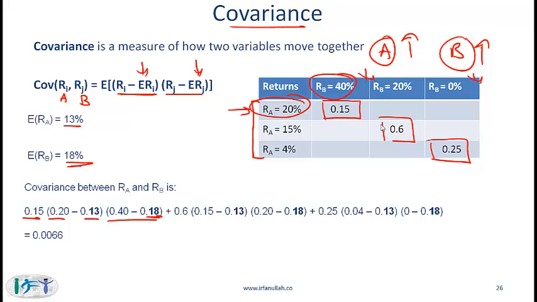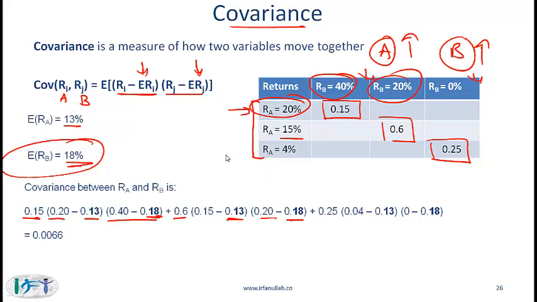And then you move to the second scenario, probability is 0.6, and then we have 0.15 minus the expected value. For B, we have 20% here minus 0.18, which is the expected value.